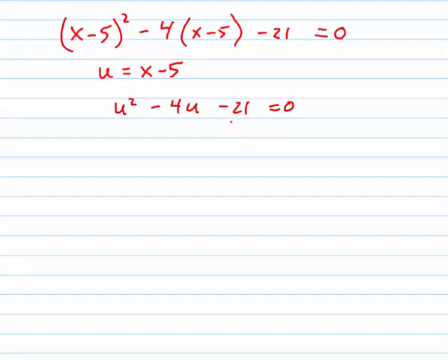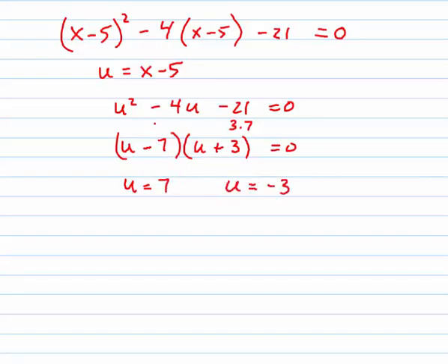We factor that. 3 times 7, the difference is 4. So we have u minus 7, there's more negatives, times u plus 3. You can check that multiplies to that. Or we have u is equal to 7, or u is equal to minus 3.